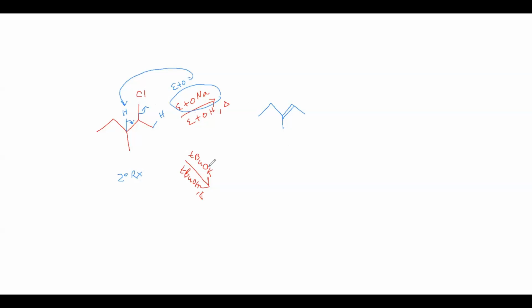Whereas with tert butoxide, right, that tert butoxide has that big bulky tert butyl group on it. It has a more difficult time getting into that more substituted position, and it will instead form as the major product this one.